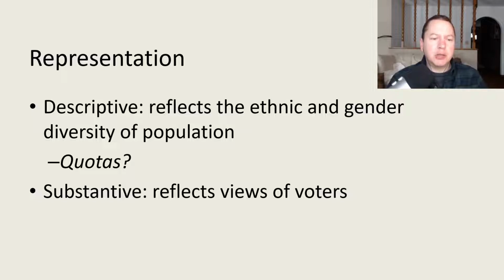And then there's also substantive representation, which is distinct from descriptive representation. Substantive representation refers to a representative whose views reflect the views of the voters back home. Now, take Sarah Palin, for example.